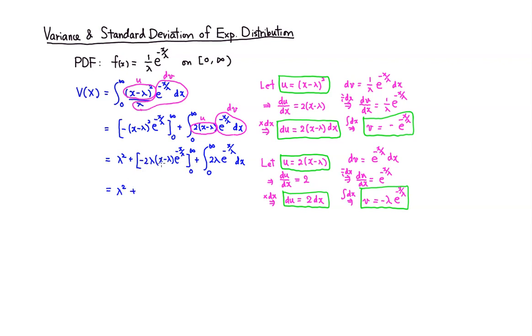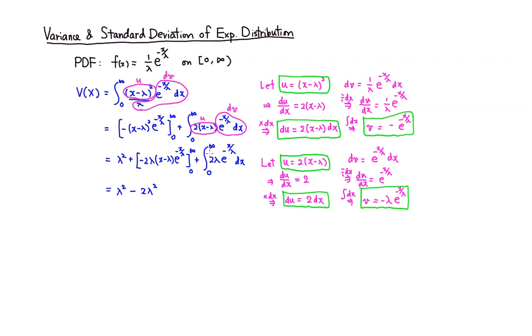If you plug in 0, you have 2 times lambda and another lambda, so it's going to be negative 2 lambda squared. And actually a minus, I guess. Sorry, I already did that. So we have that.